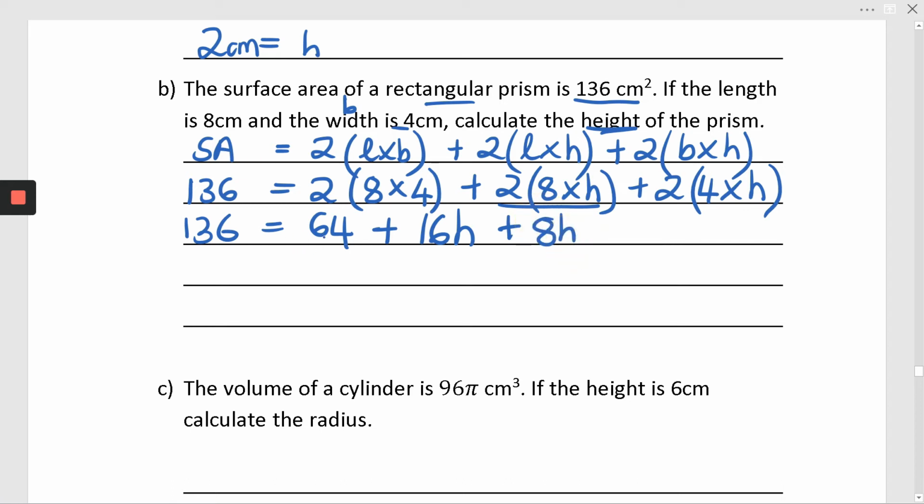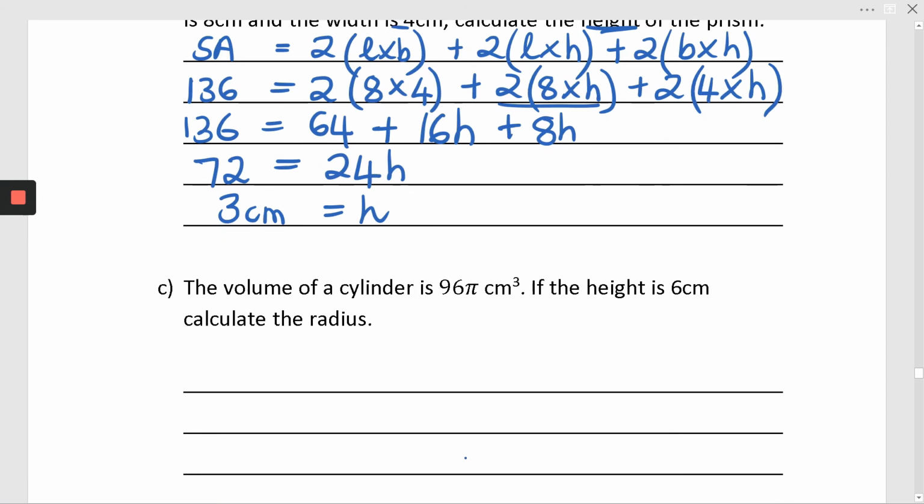So therefore, let's move the 64 onto the other side of the equation and solve it. 136 minus 64 gives me 72, and then my 16h plus 8h, they are like terms, and they give me 24h. I'm now going to divide both sides by 24, and my answer will be 3 centimeters.